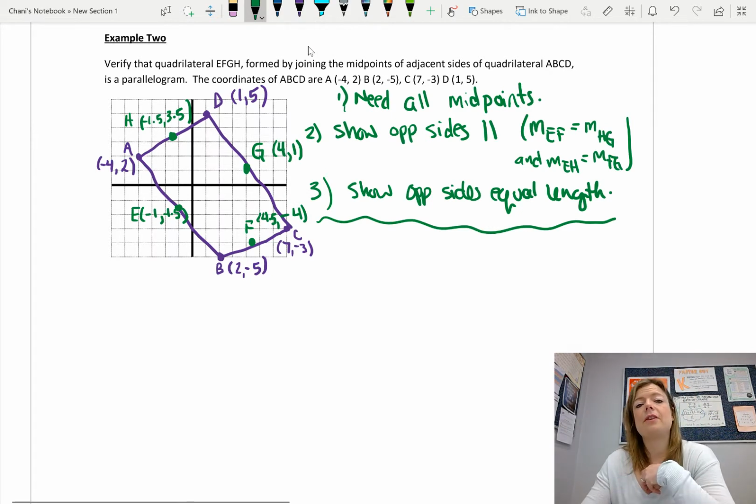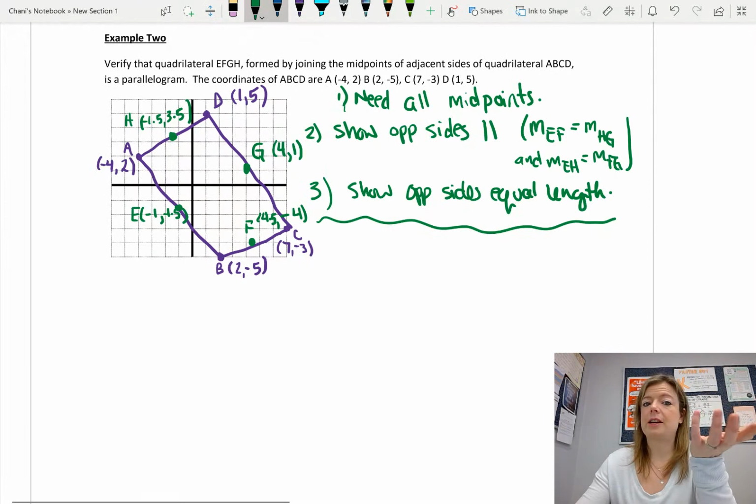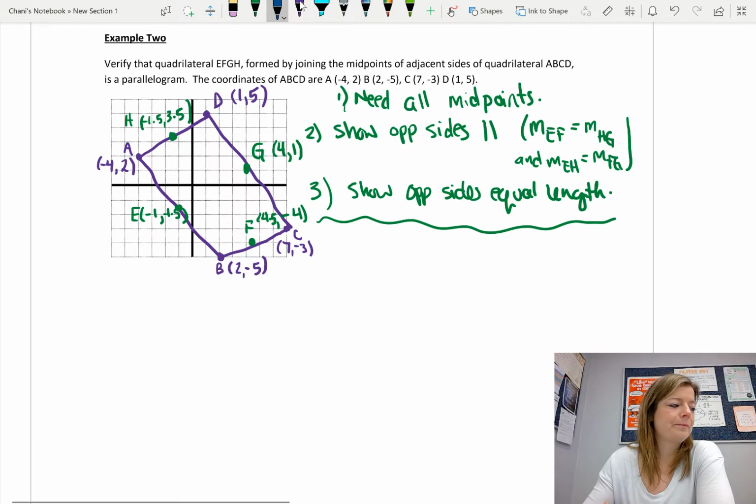Again, if you're not sure if decimals are okay, then use fractions when in doubt. But I will say the general rule is if it's a 0.5 or a 0.25, I'm okay with you using a decimal. Otherwise, you should use a fraction. But never use a combination of decimals and fractions. You've got to use all one or all the other.